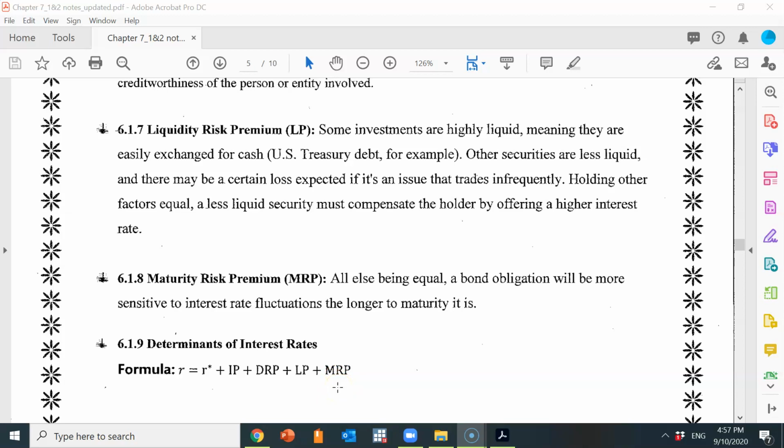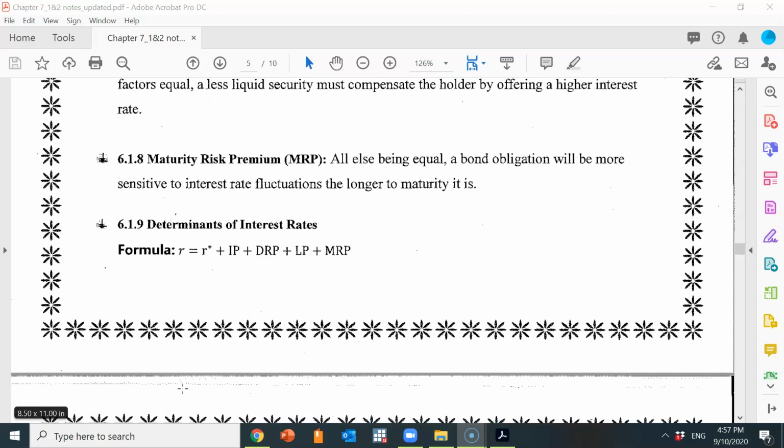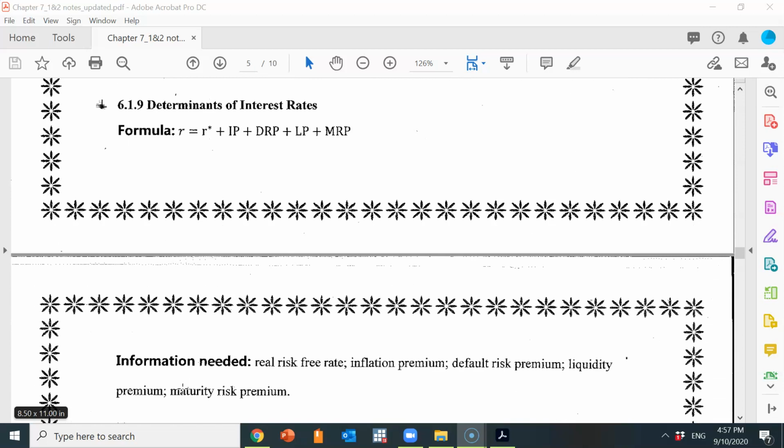The higher the risk, the higher the premiums, the higher the interest rates. So we're saying here the nominal risk-free rate is real risk-free rate R star plus IP, inflation premium, plus DRP, default risk premium, plus liquidity premium, LP, plus maturity risk premium, MRP.